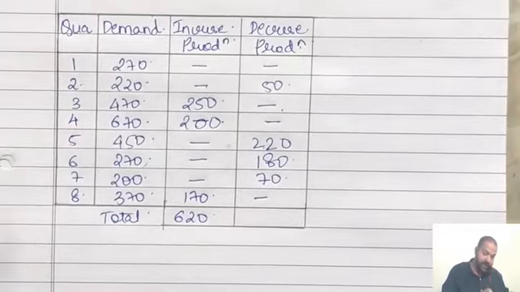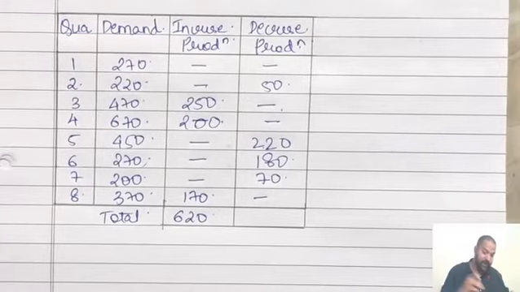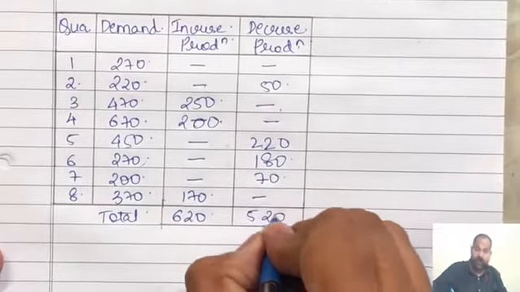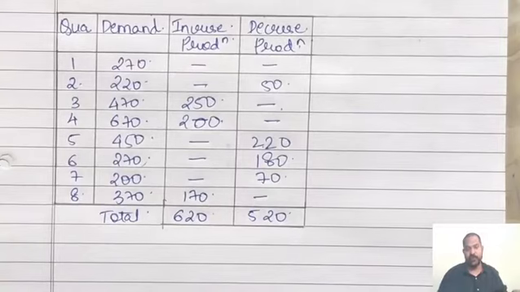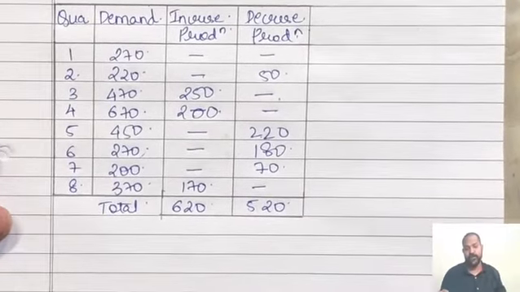And a total decrease of 50 plus 220 plus 180 plus 70 is a decrease of 520 units. So an increase of 620 and a decrease of 520 units.